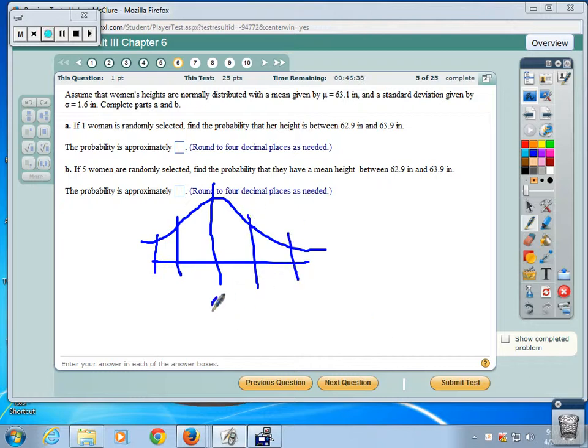So 63 is in the middle, and 63 plus 2 would be 65, and 65 plus 2 is 67. I'm doing whole numbers. You need to do the decimals.